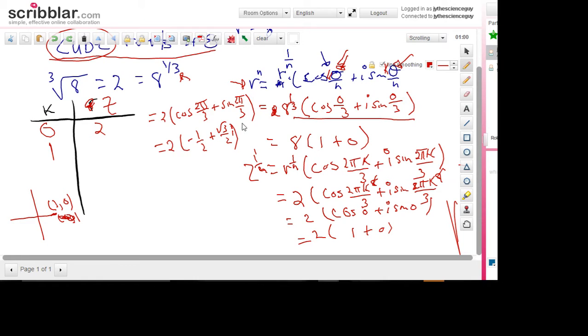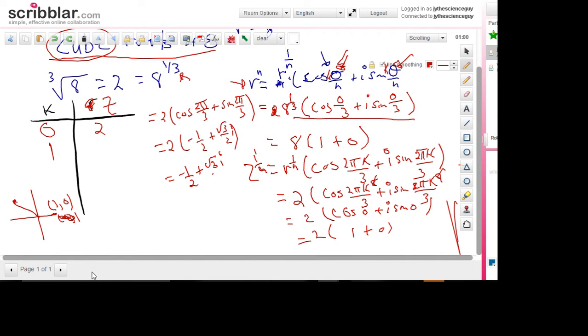So when I multiply this by 2, I get negative 1 plus the square root of 3i. Do you see that part? And that value would be over here.